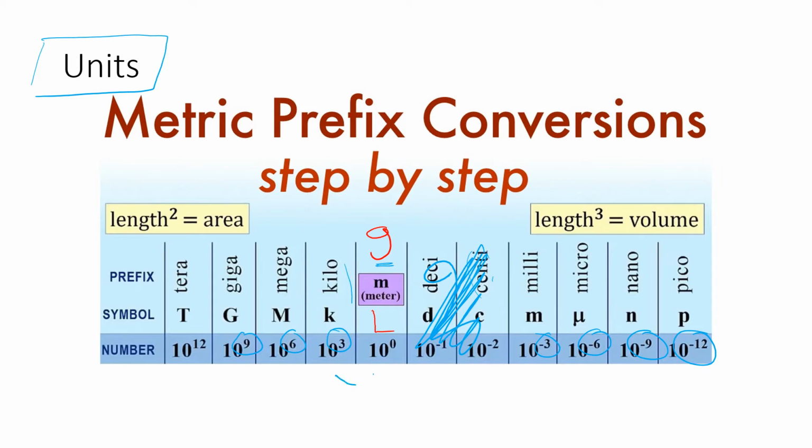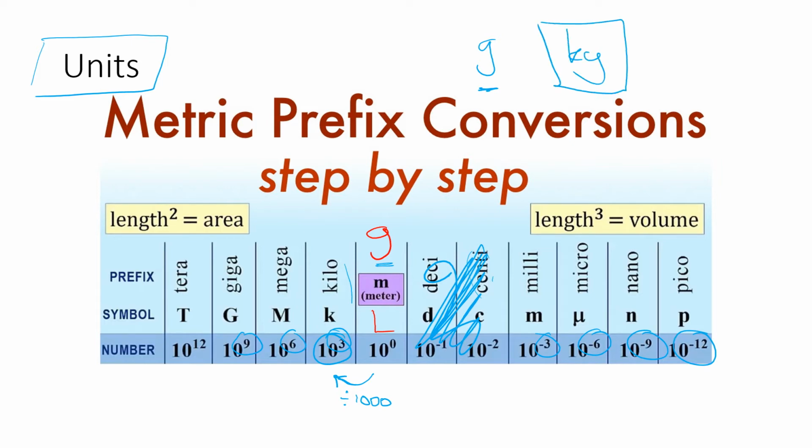If I want to go from grams to kilograms, kilo is 10 to the power of 3, so I actually have to divide by 1,000, because grams is smaller than kilograms.